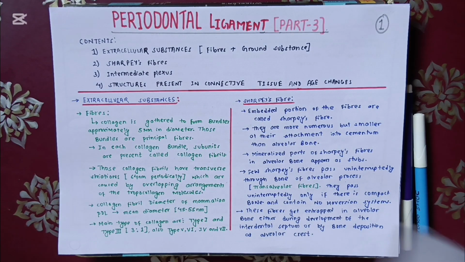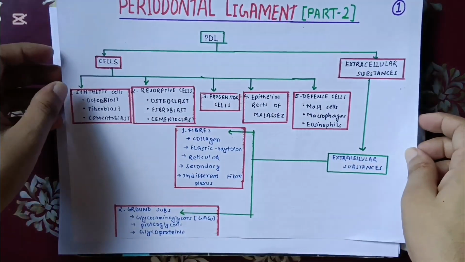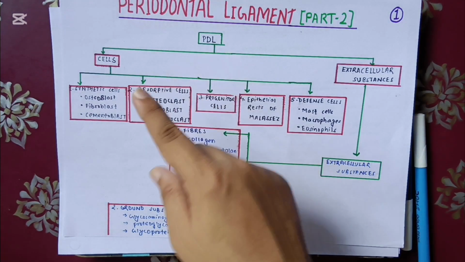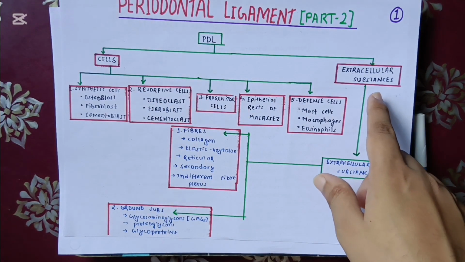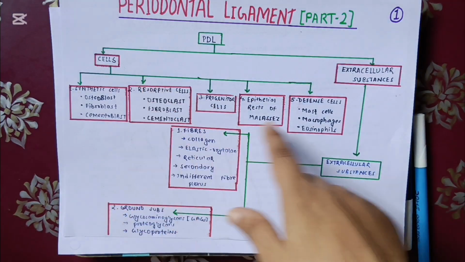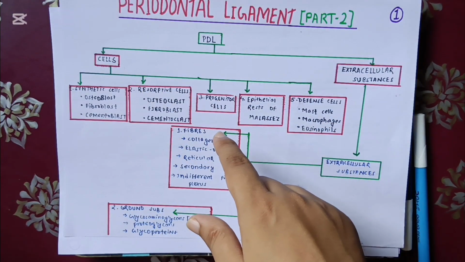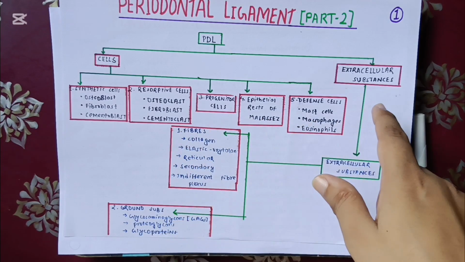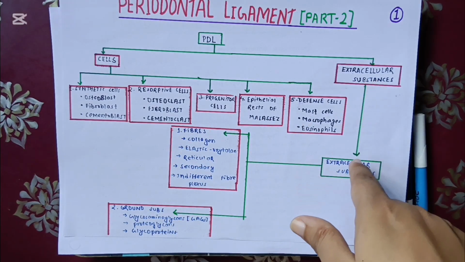As you can see in this flow chart, which I have shown in the previous video, the periodontal ligament has the cells and the extracellular substance, and in the cells we have five different types of cells. We have discussed those cells, and now we will discuss the extracellular substances.